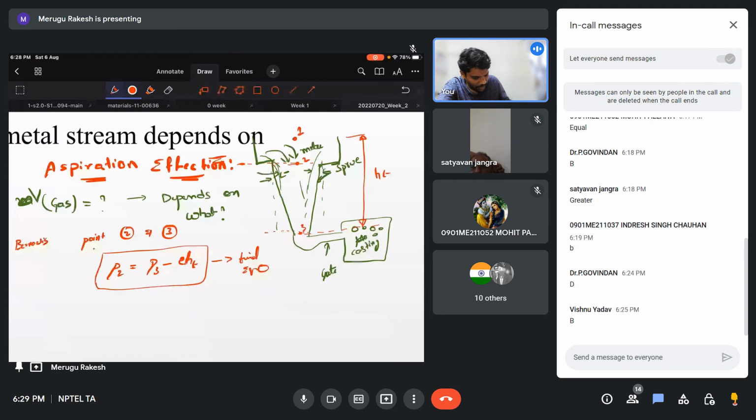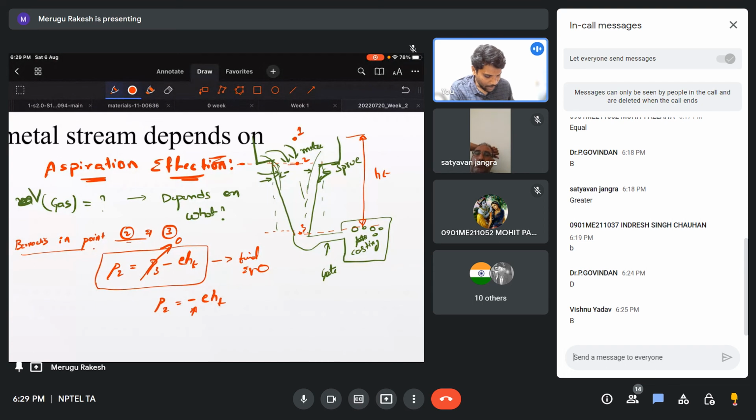Now if I take point P3 as atmospheric pressure, this term becomes 0. So the pressure at 2 is equal to minus rho times HT. This is negative pressure because the sign indicates negative here.